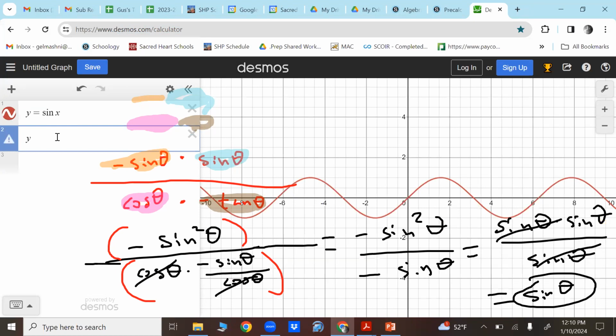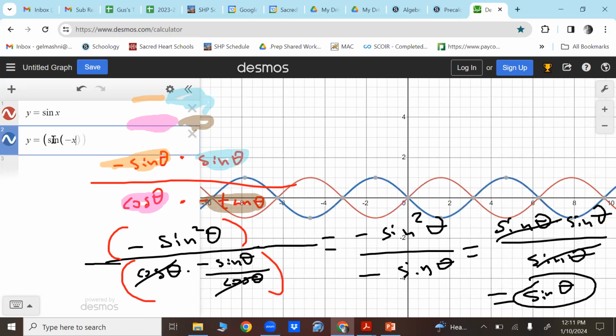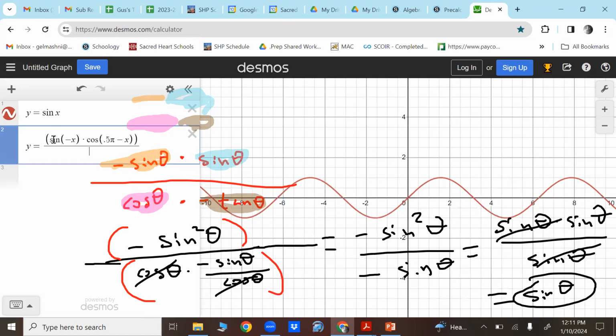Or y equals parentheses, sine negative x times cosine 0.5 pi minus x, divided by sine 0.5 pi minus x times tan negative x. Just type pi for pi. Okay, it was a lot of typing, I agree.